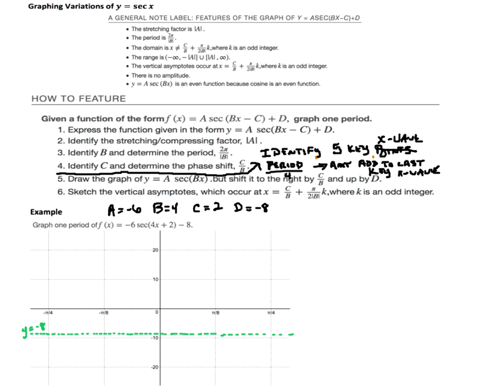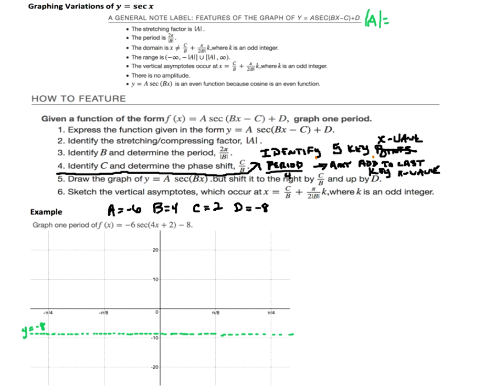If I look at my a value, the absolute value of a gives me my stretch factor, which if I'm dealing with sine or cosine gives me my amplitude, but this particular type of graph doesn't have an amplitude because it's not that wave that's modulating up and down. It's the reciprocal of that.